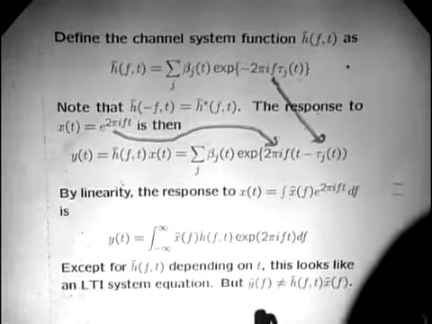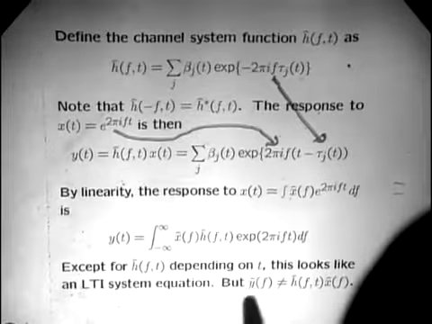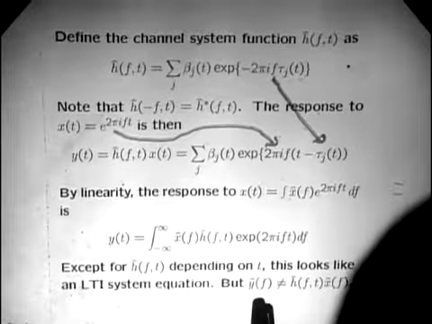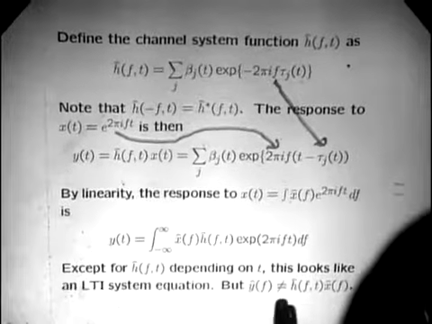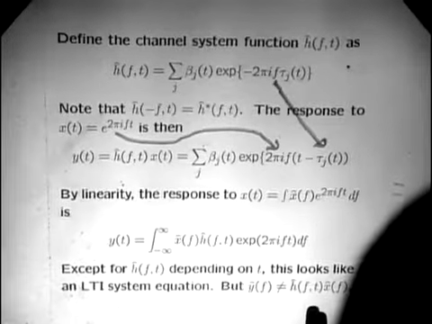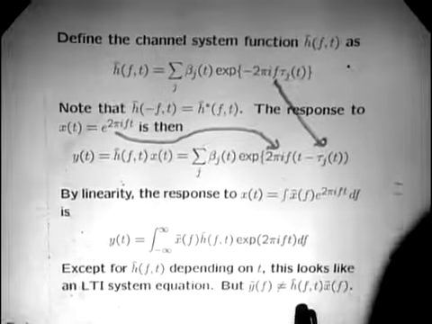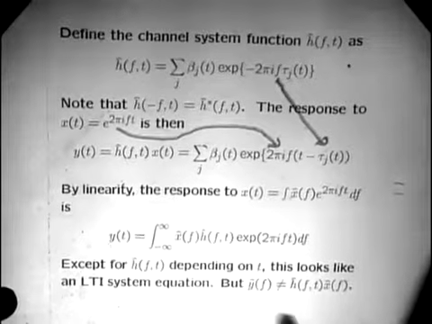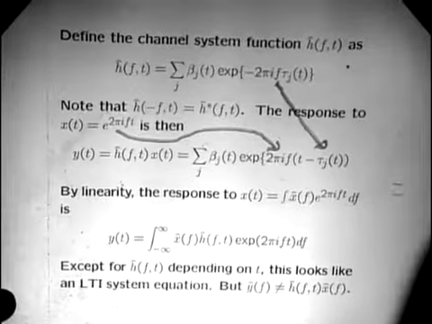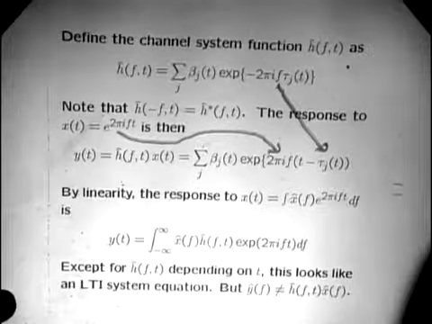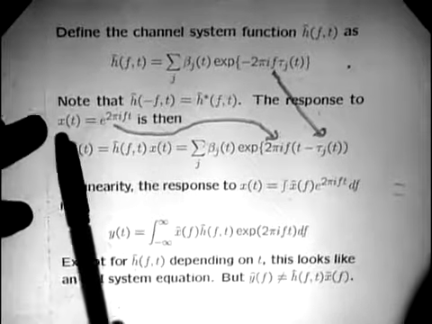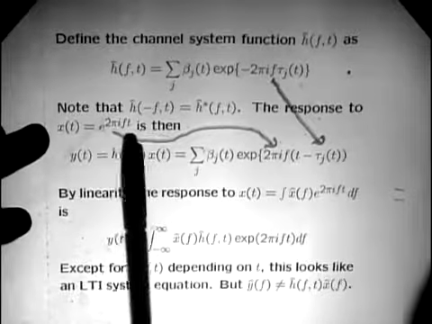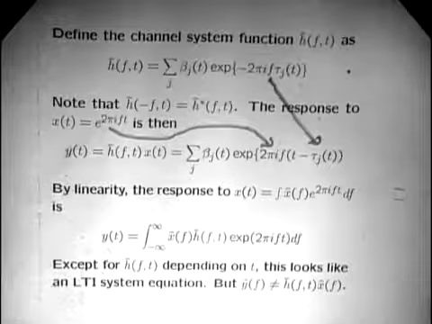Next argument is this quantity here is not a function of t. This quantity here is a function of t. You can't have equality between something which is not a function of t and something else which is a function of t. It just can't happen. And the final argument is, if you look at what's happening here, when you put in a single frequency, when you put in x of t equals e to the 2 pi i f t, what comes out?